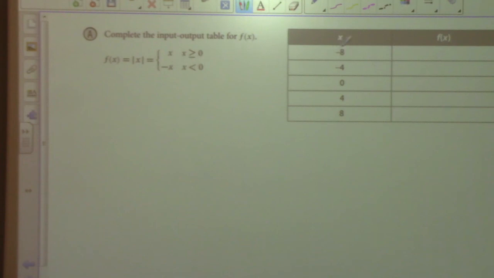Well, what's negative negative 8? 8. And negative negative 4 is 4. And then now we're to the part of the rule where we put x when x is greater than or equal to 0. So we just put x, 4 for 4. So that would be following this piecewise rule.